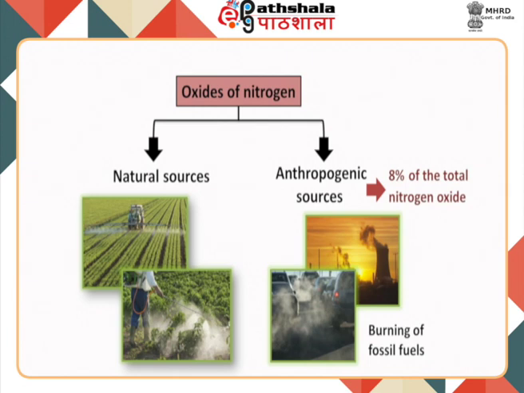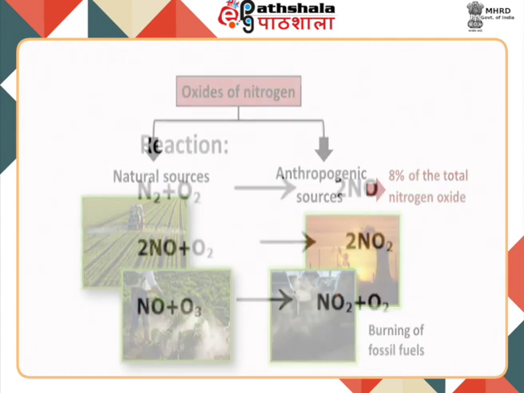The burning of fossil fuels in power plants and automobiles is known to be the anthropogenic source of nitrogen oxides. In all the cases, nitrogen and oxygen in air react to form nitrogen oxides due to the heat produced by combustion, with a lesser contribution from the combustion of nitrogen present in the fuel itself.